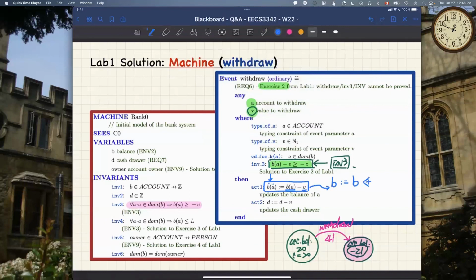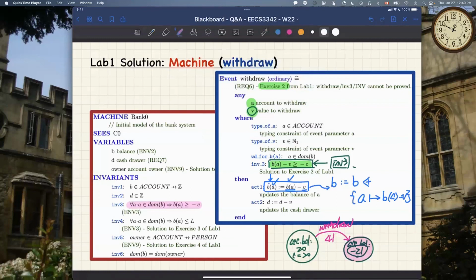Remember, this is the override symbol. And then it's just another relation, like a set of pairs. Specifically, it's account a I want to change. So ba, and in Rodin you're going to say maps to, something you will see in other parts of the solution, and it maps to ba minus v.